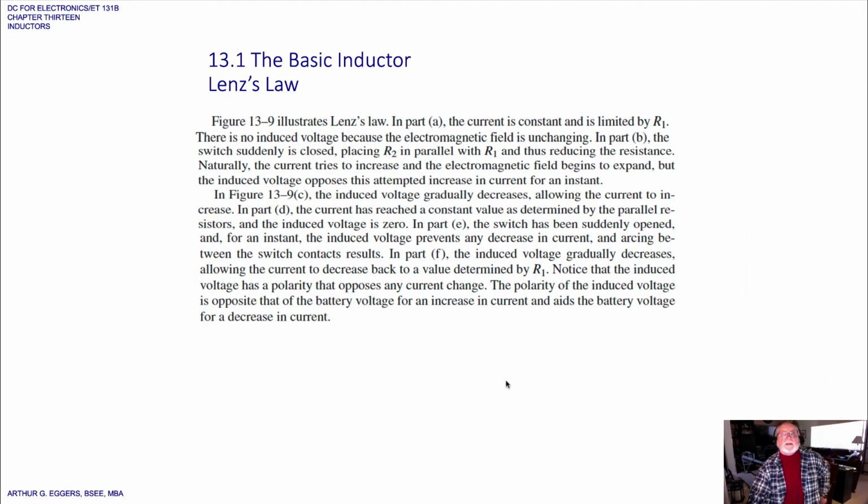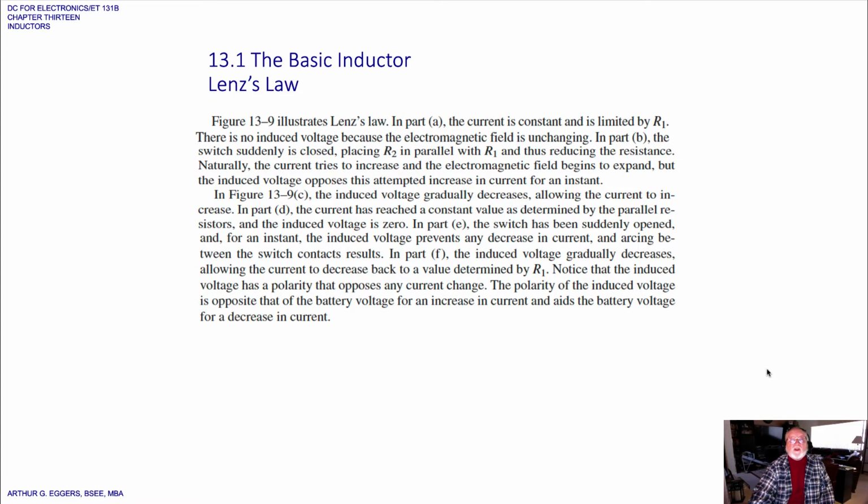Lenz's law. Lenz's law, we saw in part A, the current is constant and is limited by R1. There's no induced voltage because the electromagnetic field is unchanged. In part B, a switch is suddenly closed, placing R2 in parallel with R1 and thus reducing the resistance.